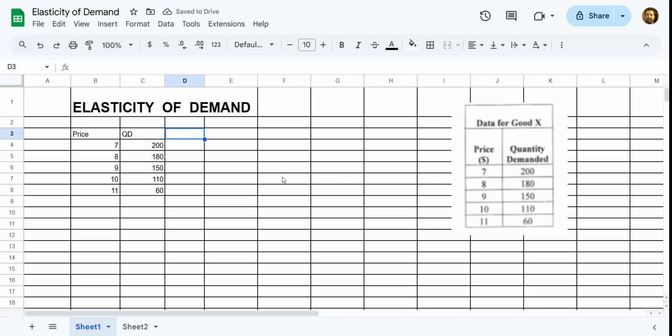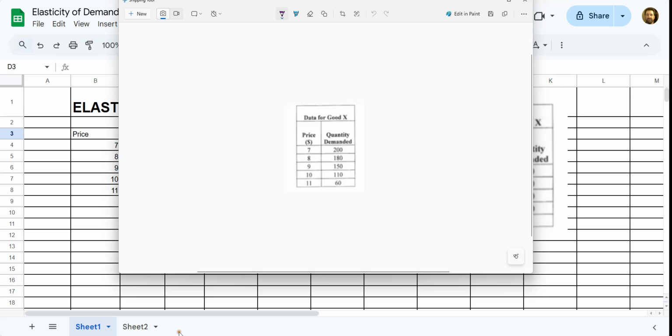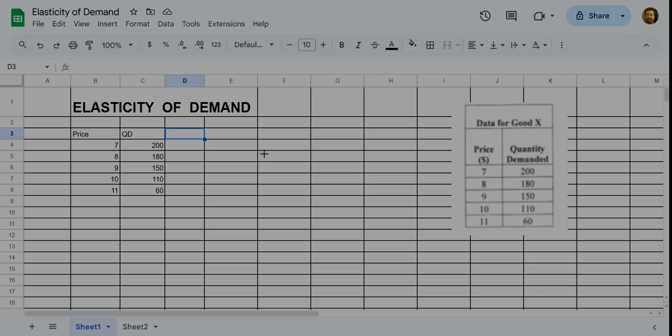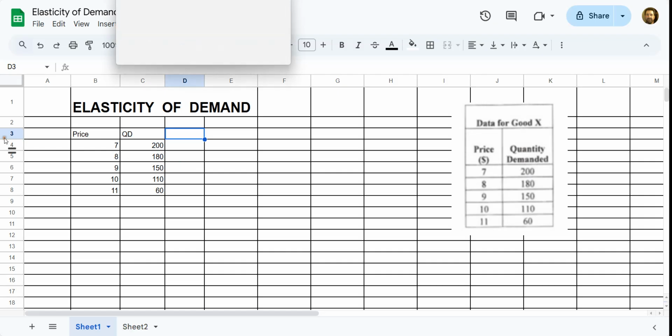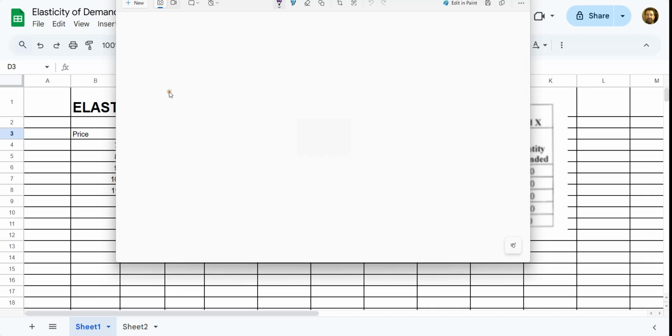The formula for elasticity of demand: price elasticity of demand is the percentage change in quantity demanded over the percentage change in price.